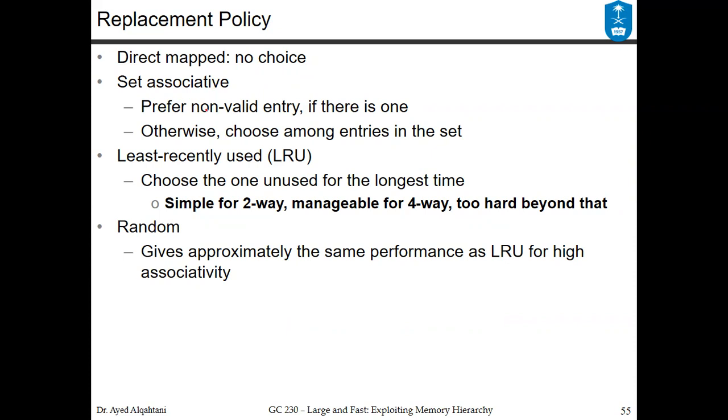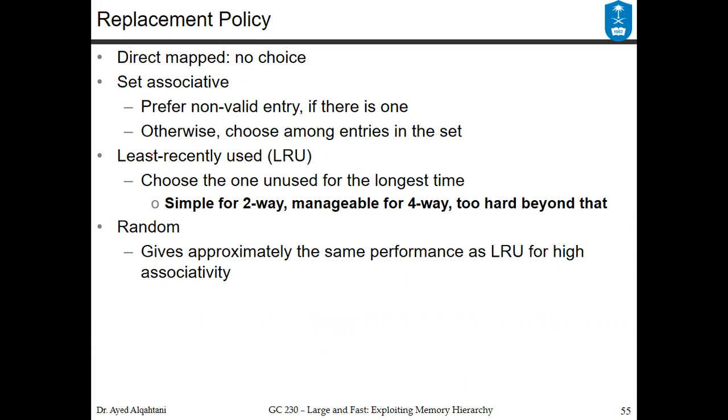So you prefer a non-valid entry first. If there is an entry that's empty, which means that the valid bit for it is equal to 0, pick that one since it's empty and put the new value there. Otherwise, choose among the entries in the set. And this happens if the set is full with entries.